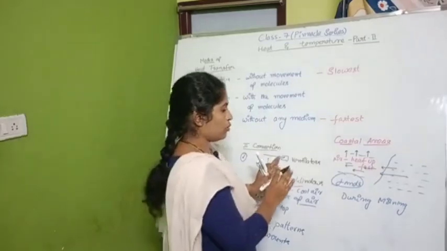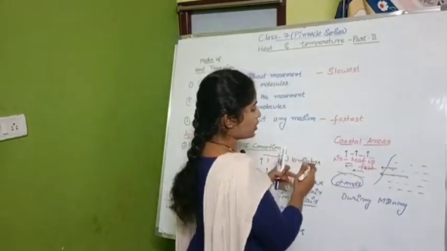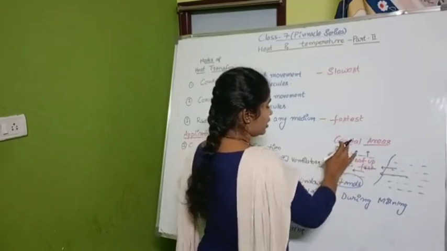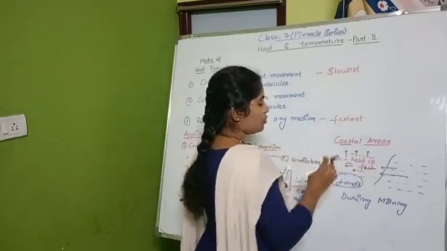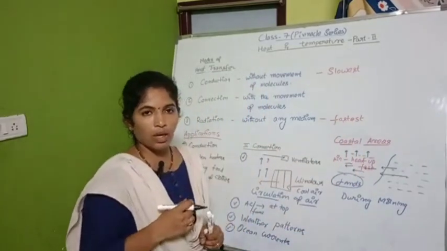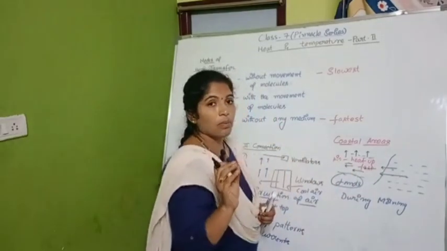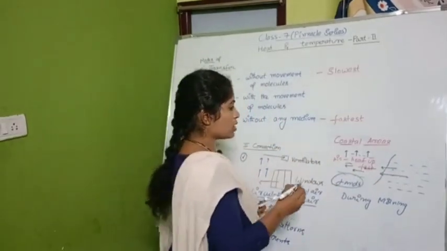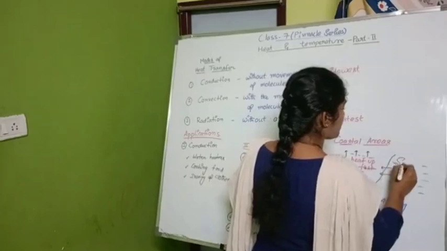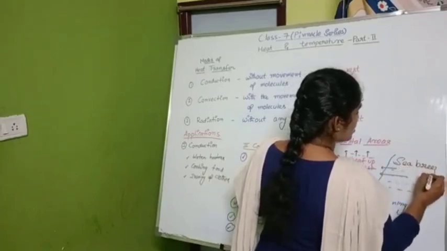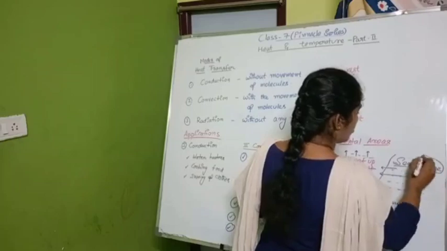So whatever cool breeze is surrounding will occupy the space. Due to movement of this cool breeze, the heated air will move up due to lighter weight. This we call sea breeze. So sea breeze will be during morning.